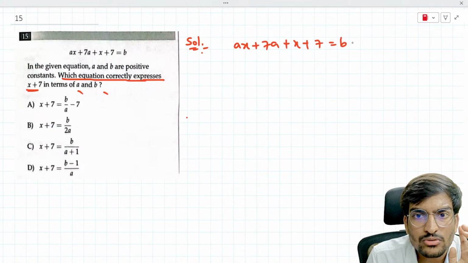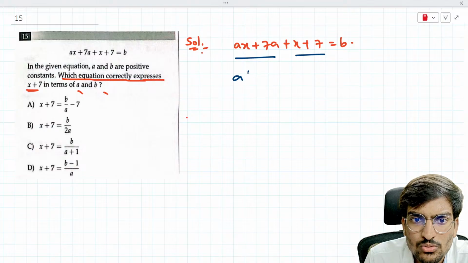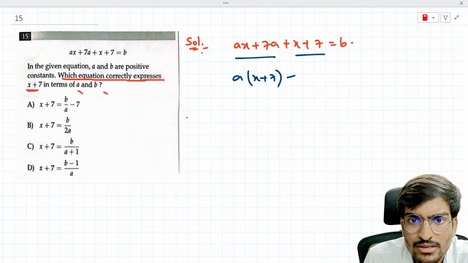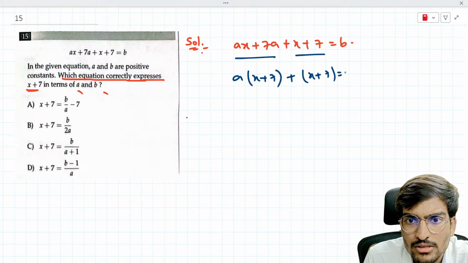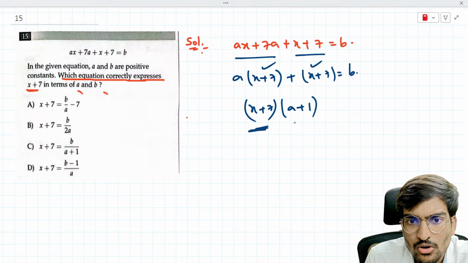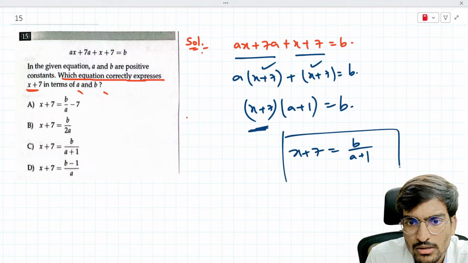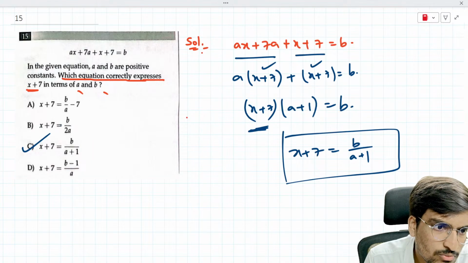You can see clearly we have x and 7, x and 7. So take A common, x plus 7 plus x plus 7. Now we can take x plus 7 completely common. I took x plus 7 common and then A plus 1 equals B. So x plus 7 equals B by A plus 1, which is option C.